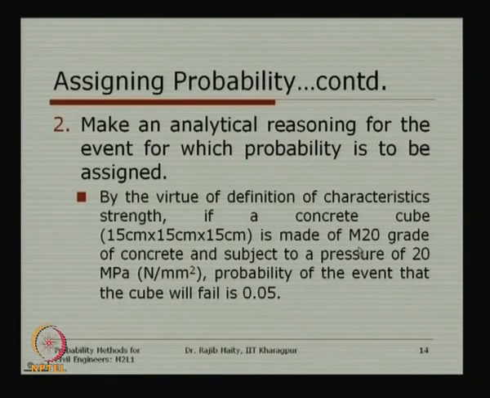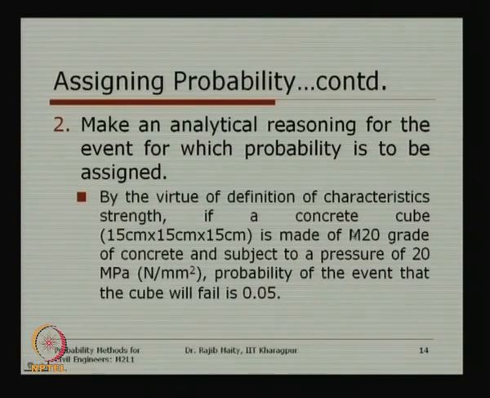One example is that if you already know the basics of civil engineering, then I hope you know the M20 grade of concrete. There are different grades of concrete available, say M15, M20, M25, M30, M35, M40.